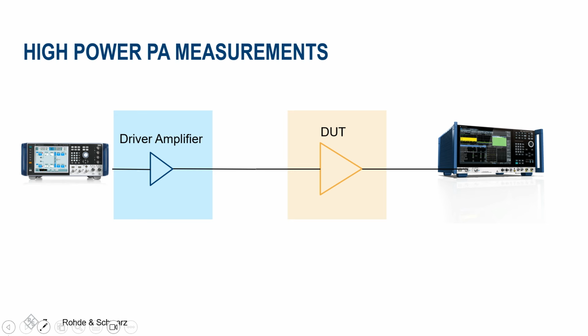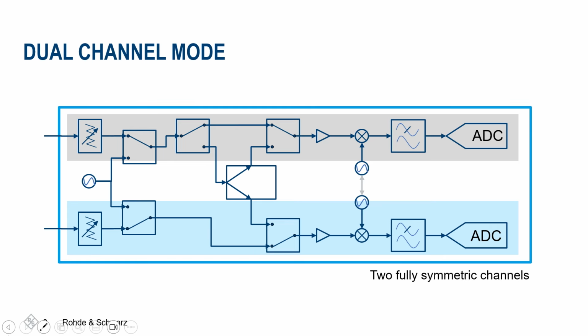And the solution is to compare the output of the device under test directly to the input of the device under test. Not to what the signal generator on the very left-hand side is providing, but to exactly the signal that's going into the device under test. Now going back to a very simplified block diagram of the FSWX, we see two fully symmetric channels here.